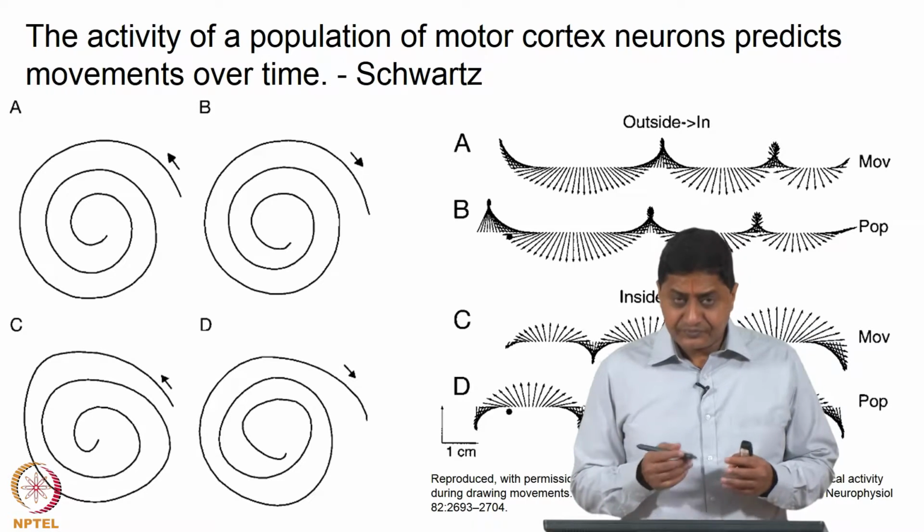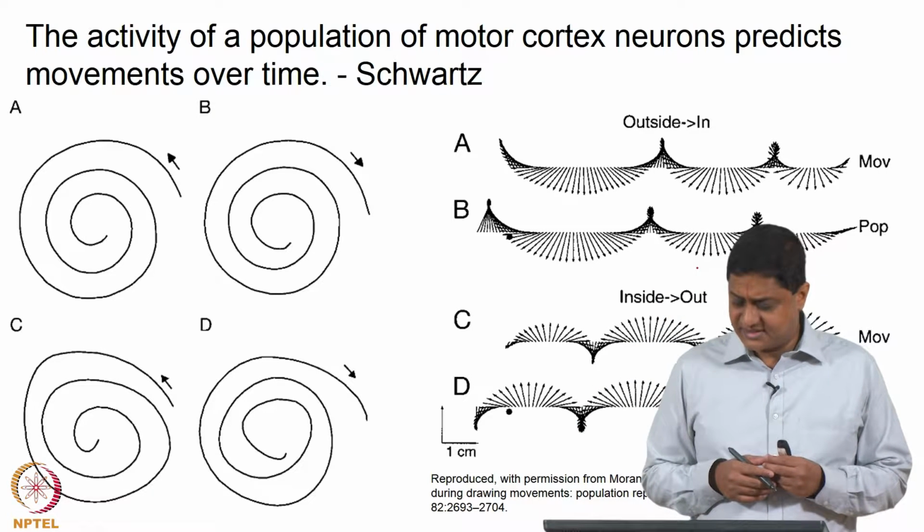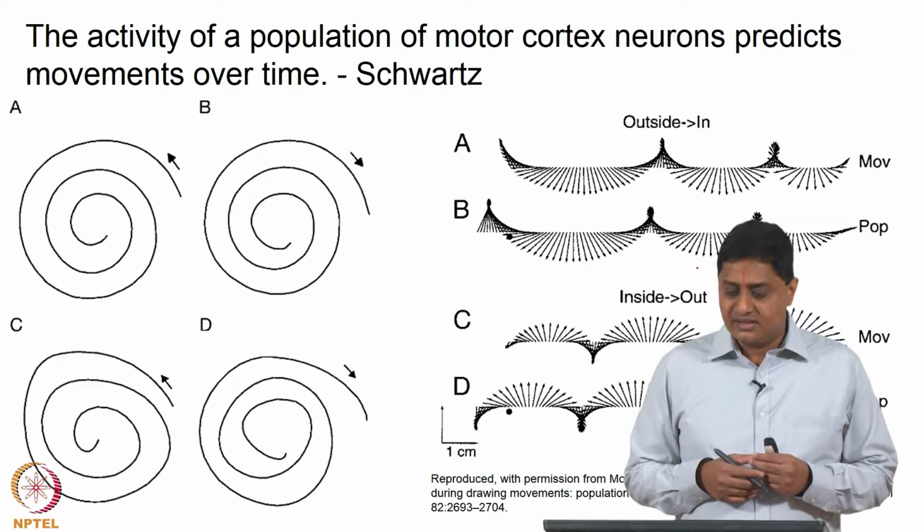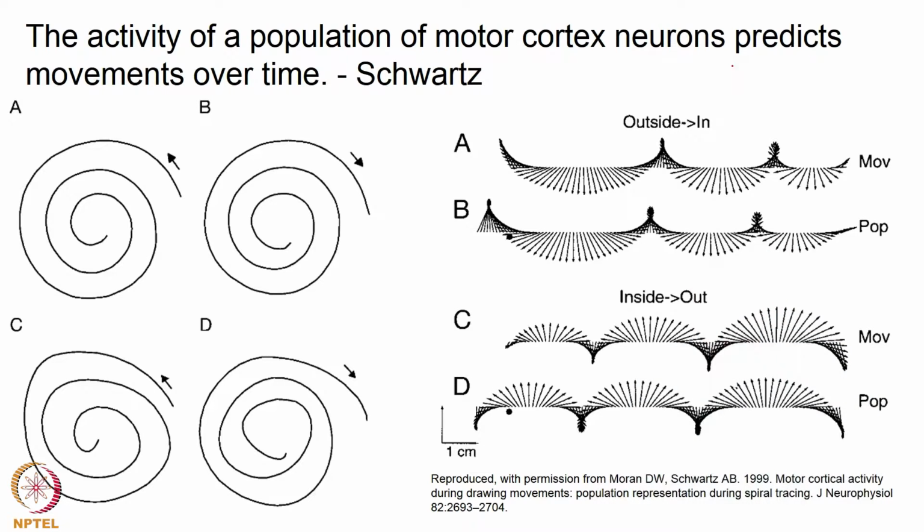Andy Schwartz and his colleagues studied the activity of about 240 M1 neurons, nearly 240 neurons in the primary motor cortex of live behaving monkeys. The movement trajectories that were required to be made were spirals.